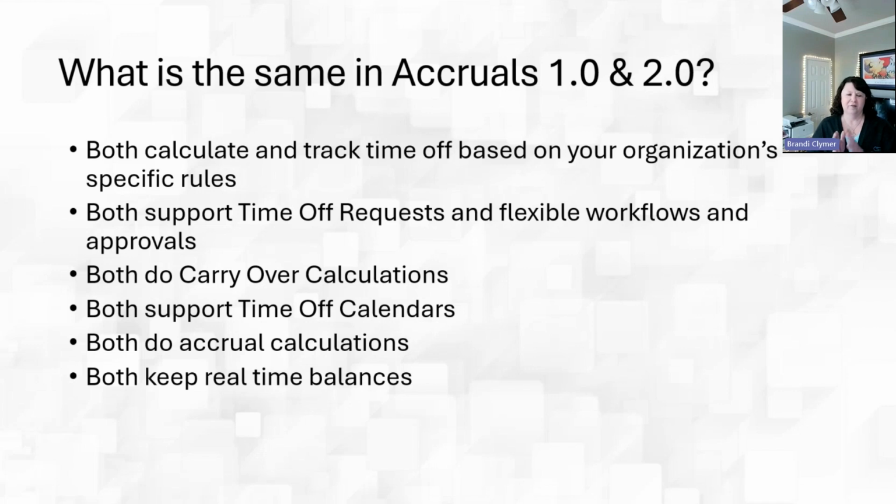If you went live 2020 and before, you're going to be on accruals 1 for sure. If you went live 2021 or 2022, it depends on when you kicked off. We started using accruals 2 as soon as it came out, and it just depends on when your project kicked off, whether we had accruals 2 turned on at that time or not.